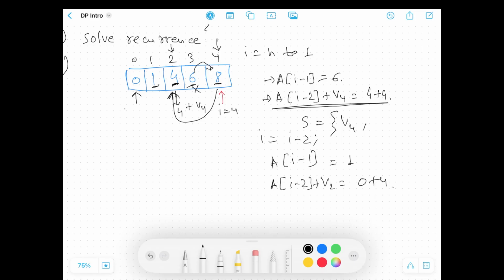Which is 0 plus 4. So this is smaller. Definitely we did not pick it. We must have picked this, which means vertex 2 was picked for the solution.